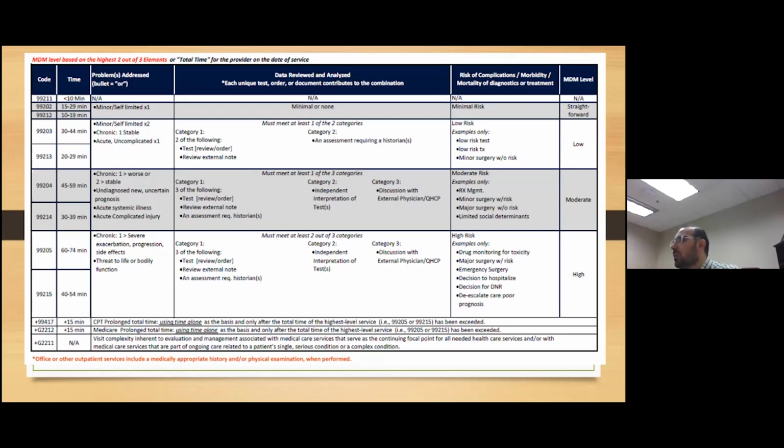Any extra minutes you do after that, in extra 15-minute increments, you do the 99417. If you are using the prolonged visit, then you do the G2212, and that is based on the time having exceeded this time, and then you spend extra time for it. So that's how you review it.